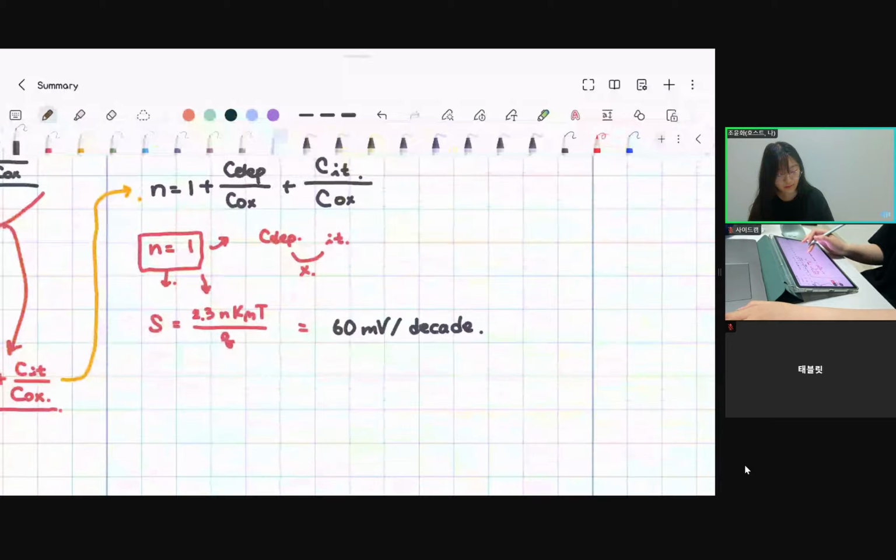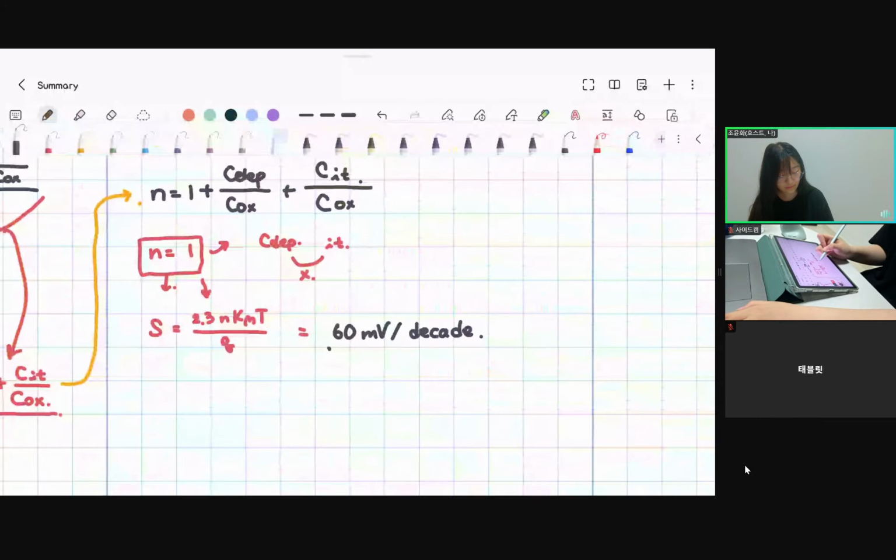That means 60 millivolts per decade is the lowest number for the subthreshold swing, so it means the Boltzmann limit.